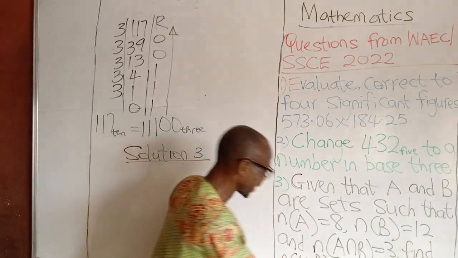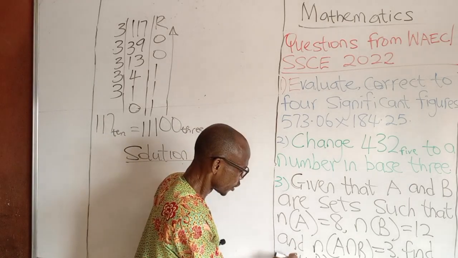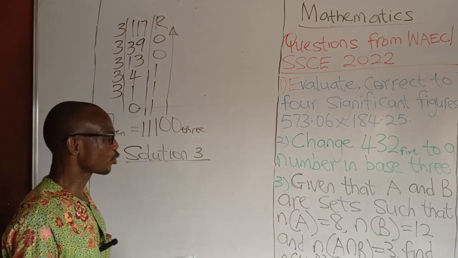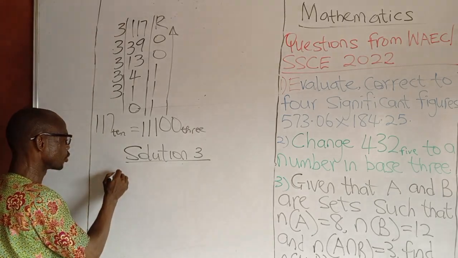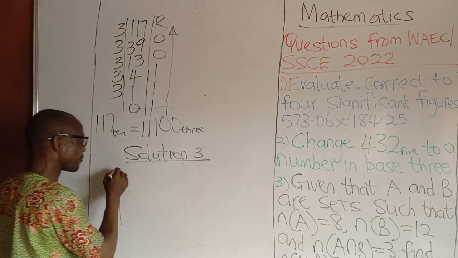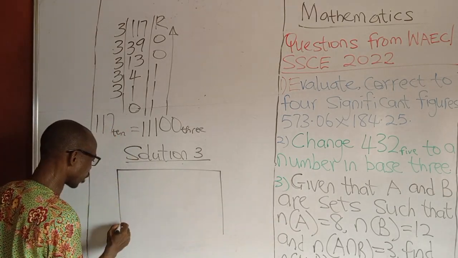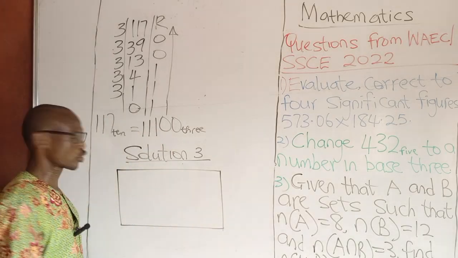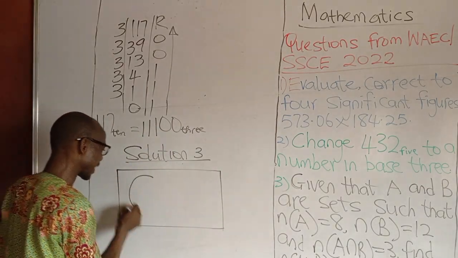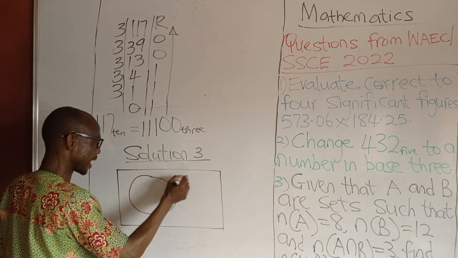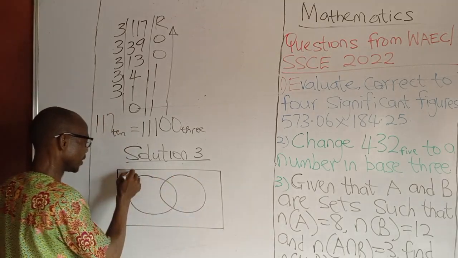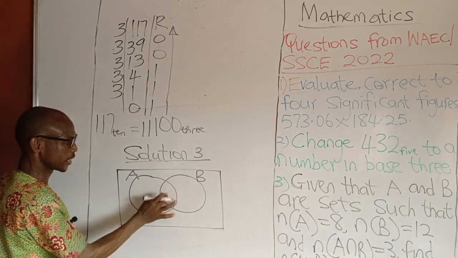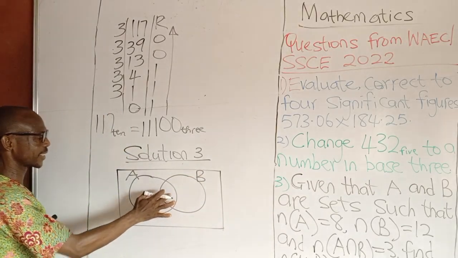You are to find n(A union B). Let's look at this. We are going to use our Venn diagram. I'm going to draw the Venn diagram. It makes it very easy in solving. This is our set A, and this is our set B, and this is where they intersect.